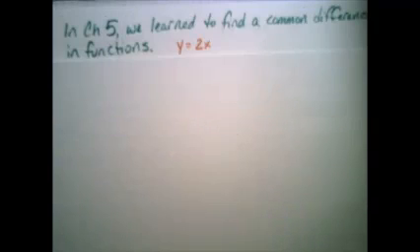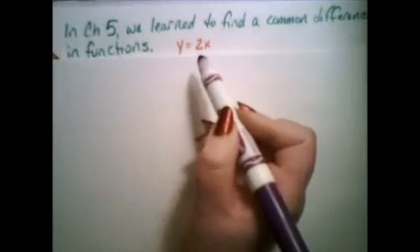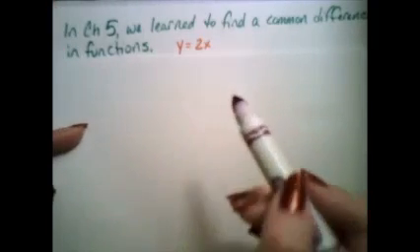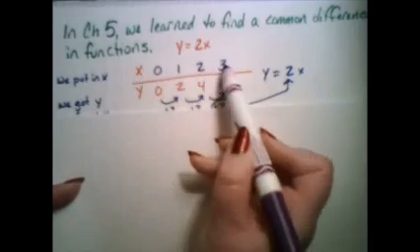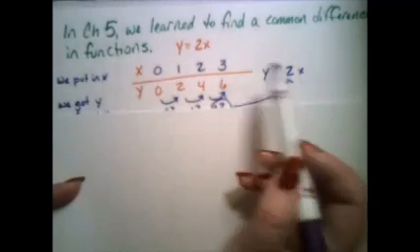In Chapter 5, we learned to find a common difference in functions. So for example, if we were just looking at y equals 2x, a very basic linear function, we put in x, which is 0, 1, 2, or 3. It keeps going.